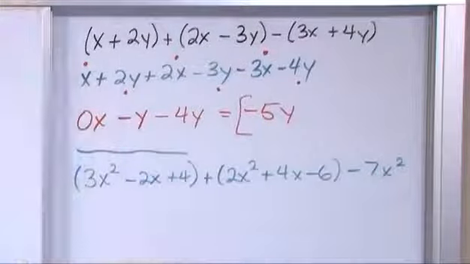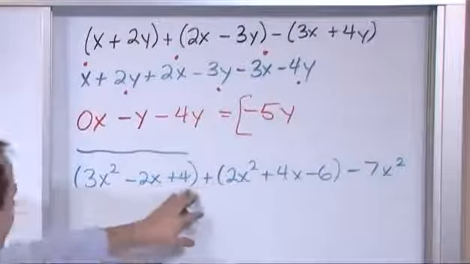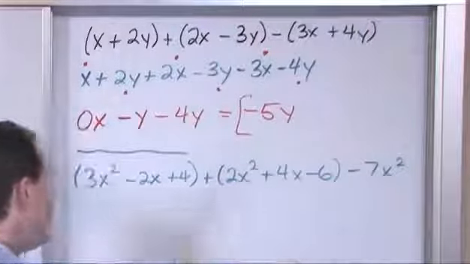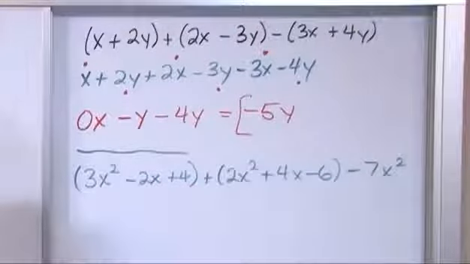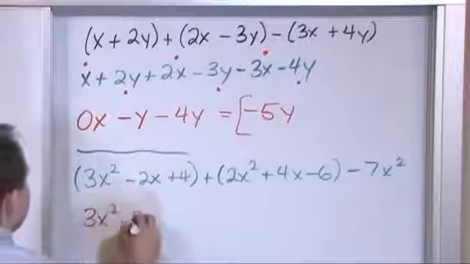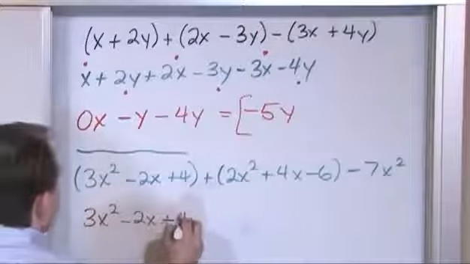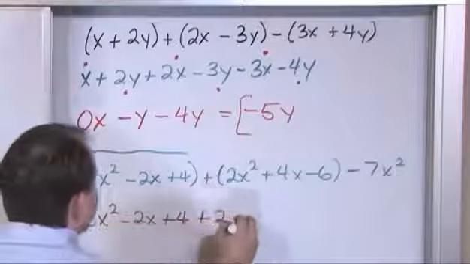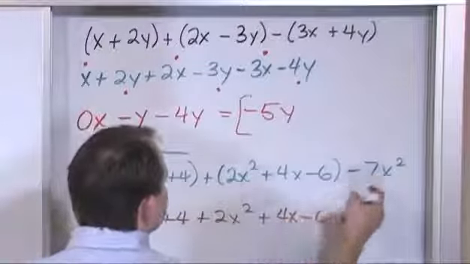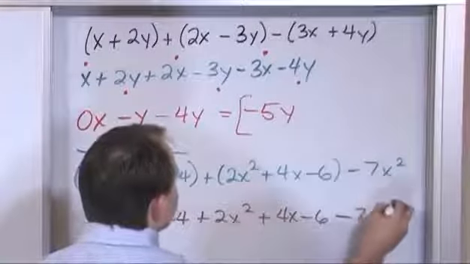So we want to collect those terms, and we start looking, and we say, well, these parentheses are here, but this is a positive out there, so I could distribute that 1 in, but it's not going to really do anything. So it's not going to change any signs, really, is what I mean by that. So let's rewrite it all. 3x squared minus 2x plus 4 plus 2x squared plus 4x minus 6 minus 7x squared.